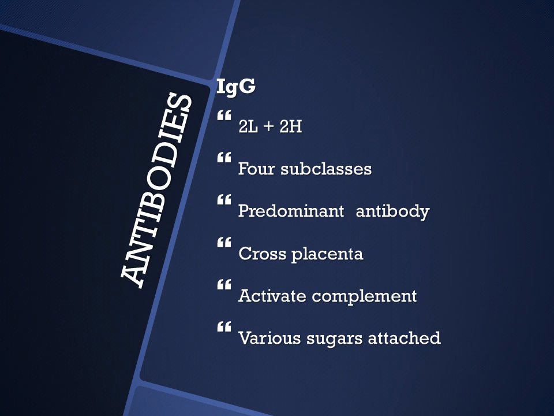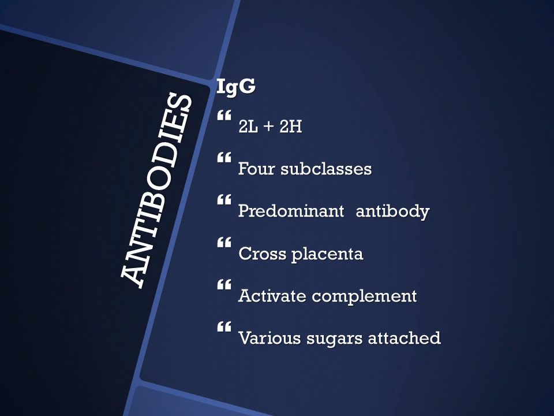Which function will be performed by the immunoglobulin molecule depends upon the various sugar moieties that are attached to the constant domain. For example, if the immunoglobulin G molecule has N-acetyl glucosamine, it will be pro-inflammatory in nature. It will help in binding and activation of the complement.